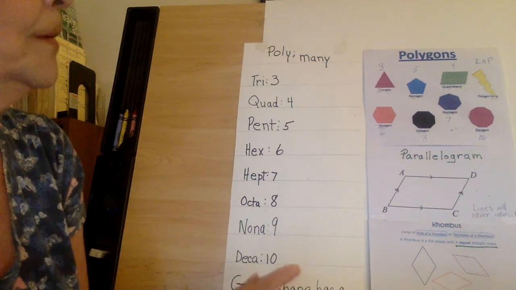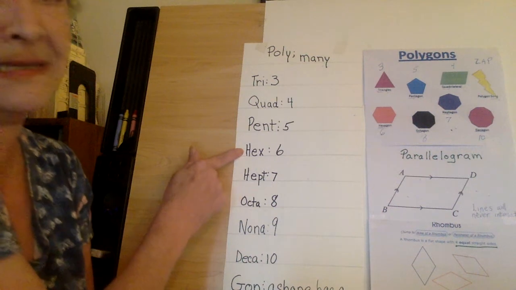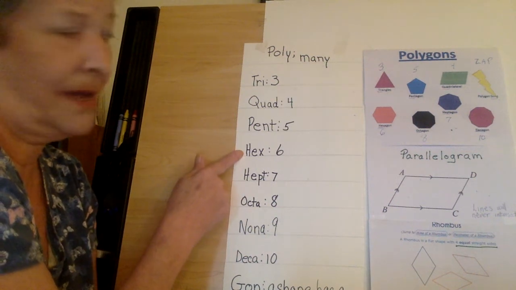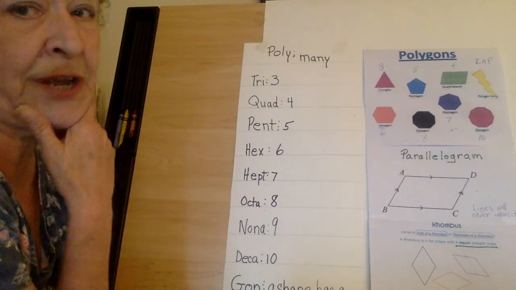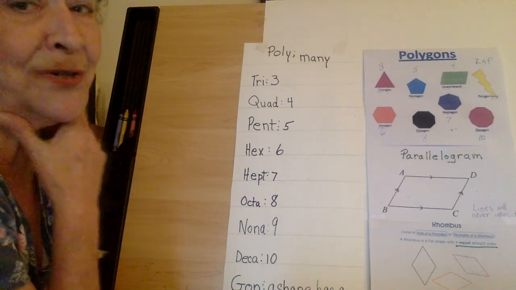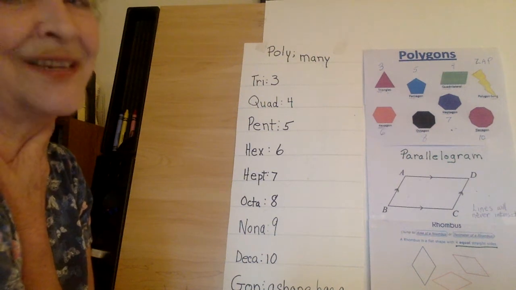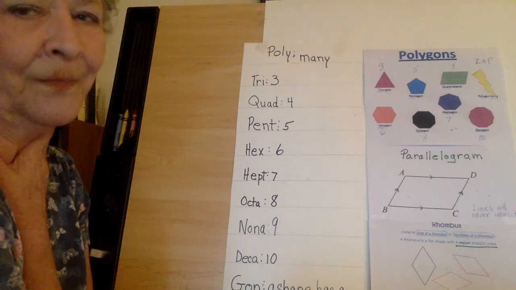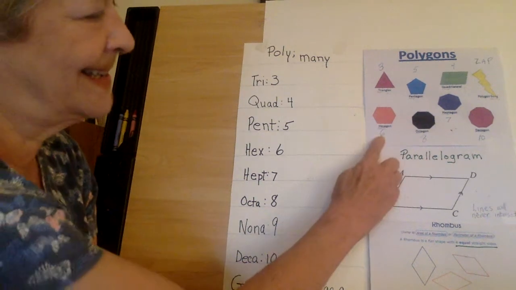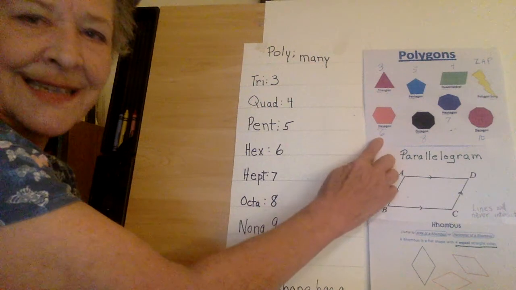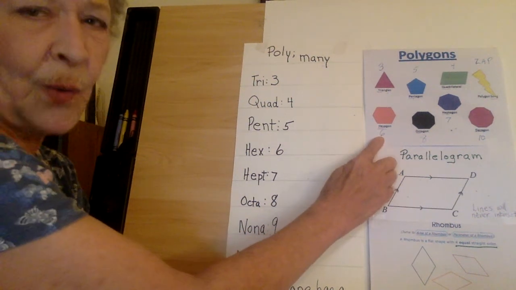Okay, good. What about number 6? Hex. A hexagon. Where's a 6-sided shape? Come on, you're spying with your sharp little eyes. Did you find it? Yes! 6 sides, 6 angles.